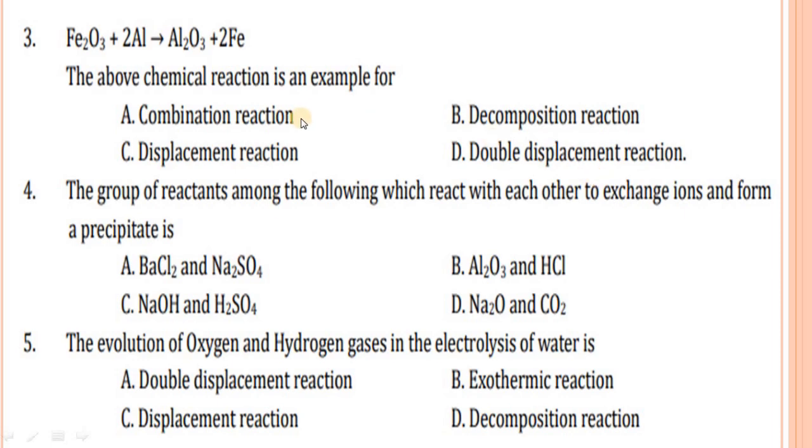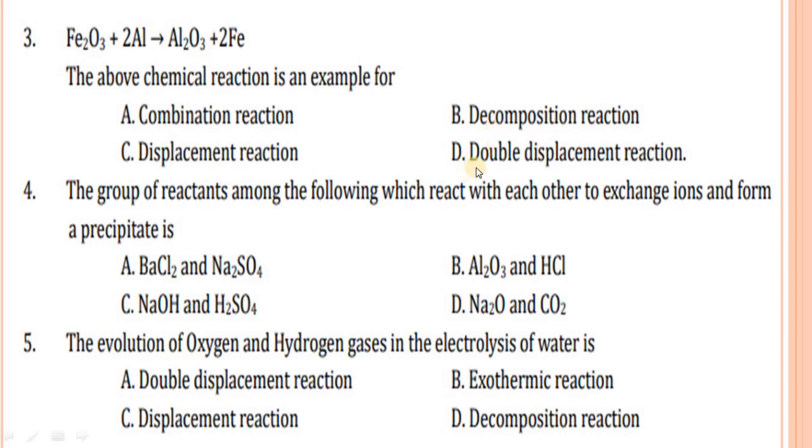As you know, in combination reaction, 2 reactants combine to form one product. Decomposition is the reverse of combination reaction, that is a single reactant splits into 2 or more compounds. In displacement reaction, a highly reactive element displaces the less reactive element from its solution.